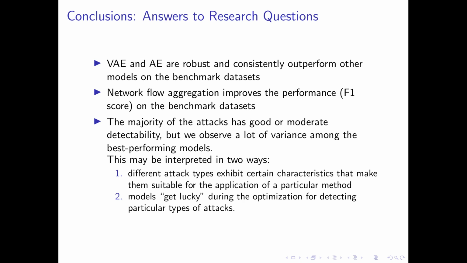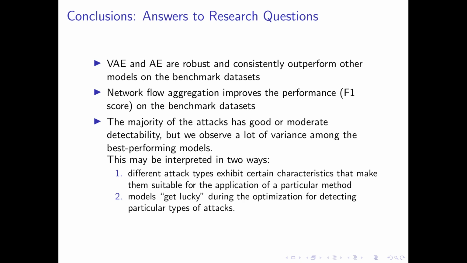As for the third research question, we identified, although this was not presented in detail in this presentation, that the majority of the attacks contained in the datasets that we experiment with have good or moderate detectability, so we are able to detect them using some models. But that said, we have observed a lot of variance among the best performing models, so no model succeeded at detecting every attack.